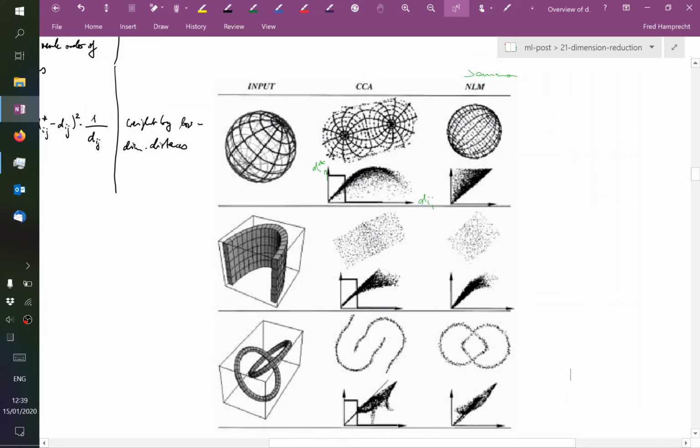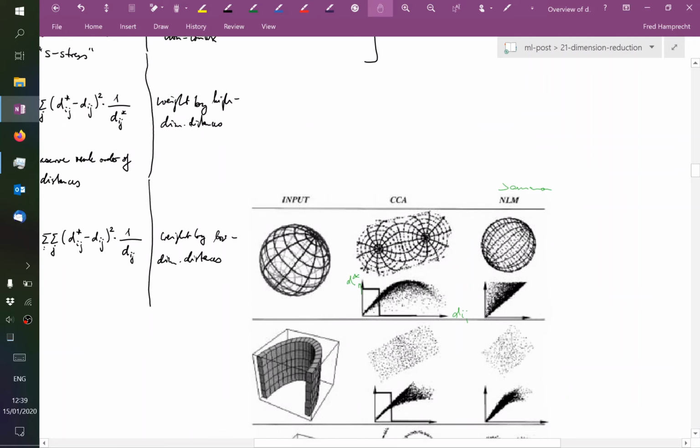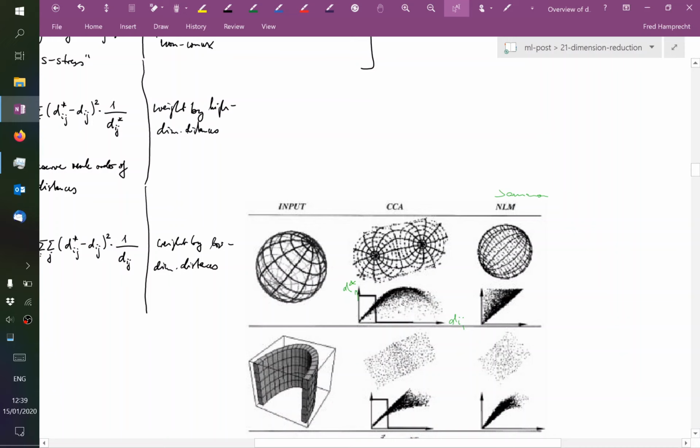But in the case of the planet Earth, I'm very much in favor of curvilinear component analysis. So this weighting by low-dimensional distances, that's what the whole paper goes on about, allows for stronger or more nonlinear unfolding of manifolds.